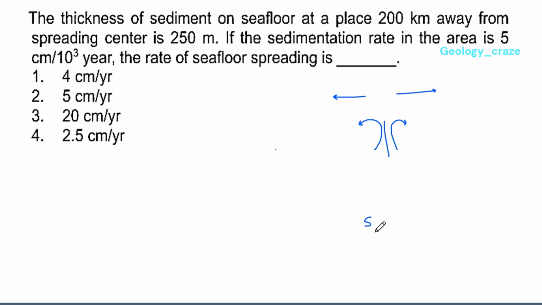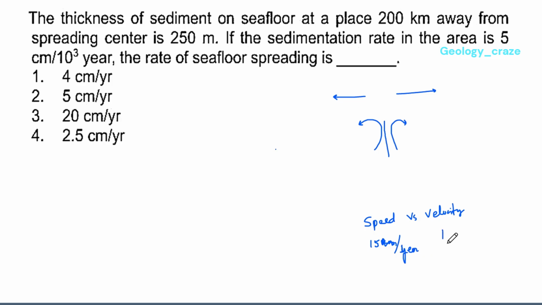What is the difference between speed and velocity? Speed is, suppose, 15 kilometer, or in meter 15 meter, in a year, meter per year.